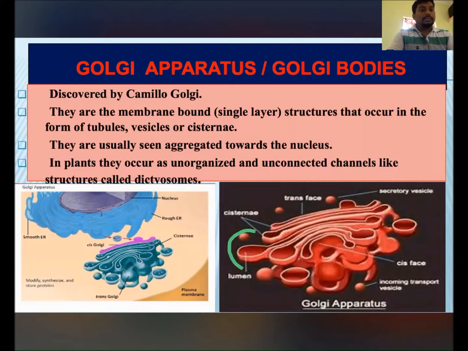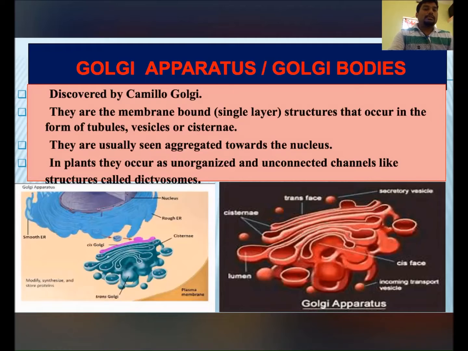You can see at the top of the Golgi bodies there are round structures at the head. This is called cisternae, and some are round structures, oval structures. This is called secretory vesicles and tubules, and some you can see like tubules.